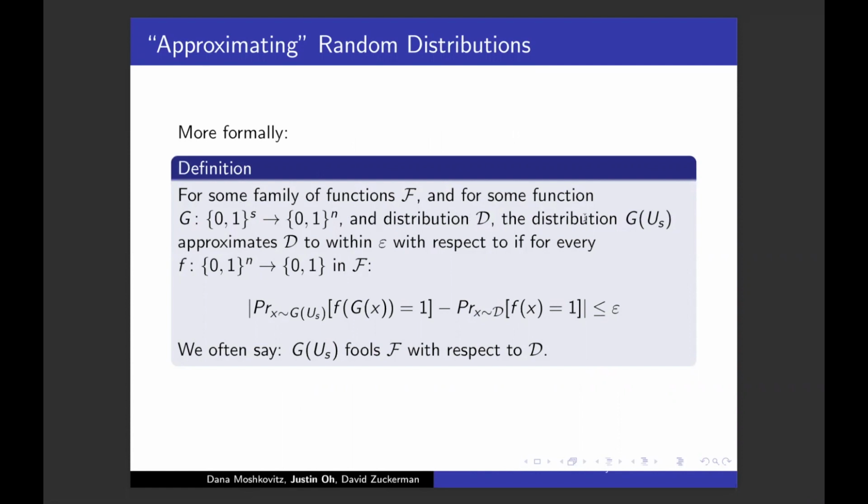What we say is that the distribution that you get when you feed a uniformly random seed to g approximates d to within epsilon with respect to our family of functions f, if for every f in our family of functions, the probability that f outputs 1 on an input generated from our generator is epsilon close to the probability that it will equal 1 when it's fed from this target distribution d.